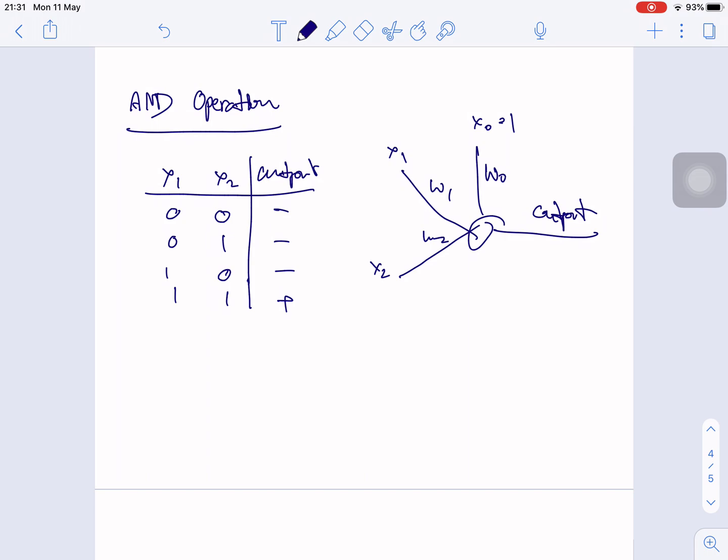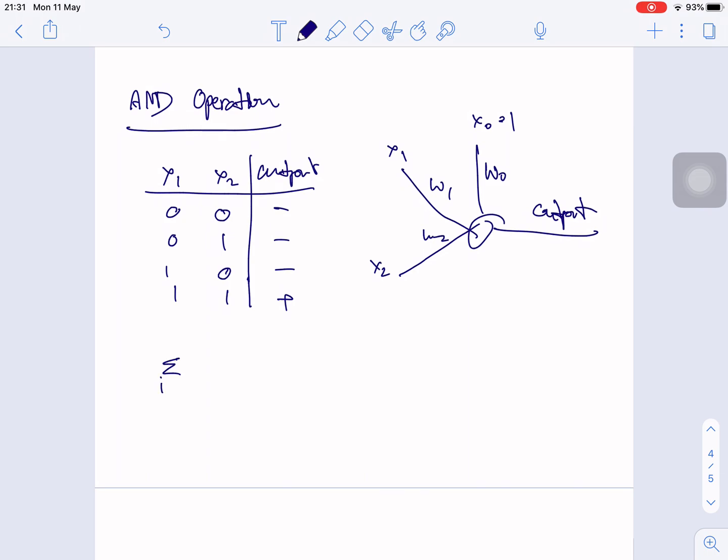If the summation of i is 0 to n, Wixi is less than 0 and the class is positive. What does it mean? It means that it is wrong, right?